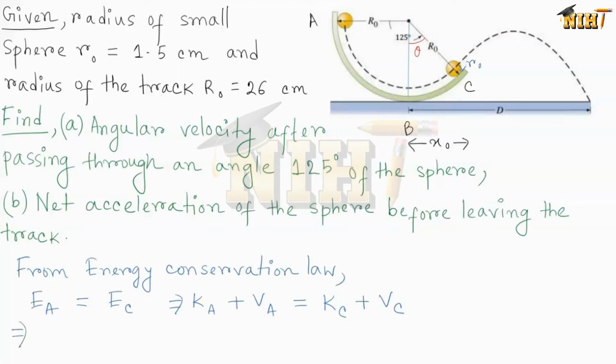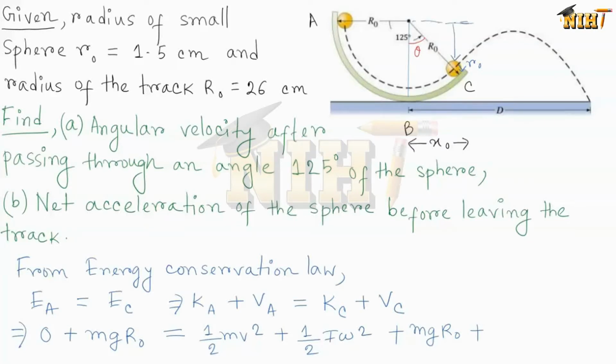By putting the values, we get total kinetic energy along A point, that is 0, plus total potential energy along A point, that is mgr0, will be equals to total kinetic energy along C point, that is half mv square plus half I omega square, and total potential energy along C point, that is mg r0 plus, as this distance is r0 minus r0, so this distance will be r0 minus r0 cos theta.